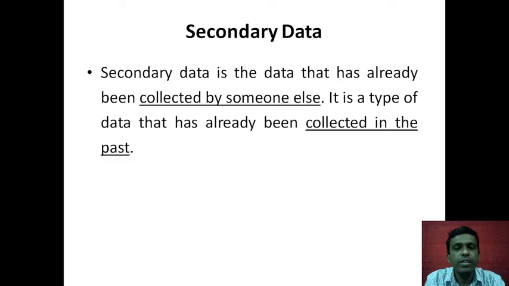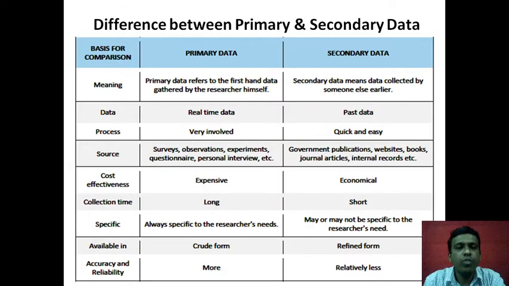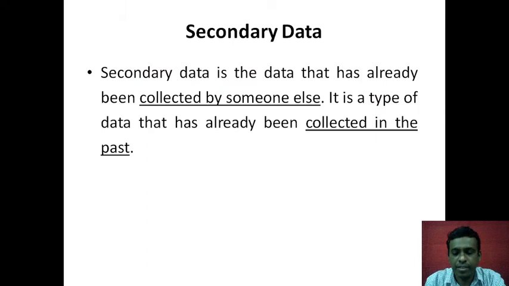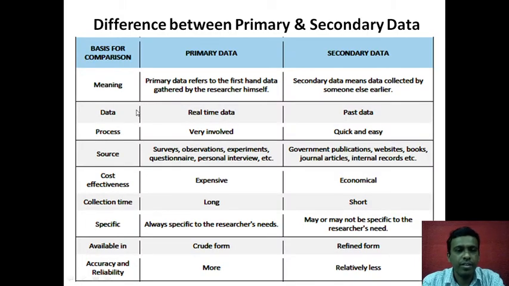So what is the difference between secondary data and primary data? If we want to compare both secondary data and primary data, the main points of difference are like this. With respect to meaning, primary data refers to the first hand data that is obtained.